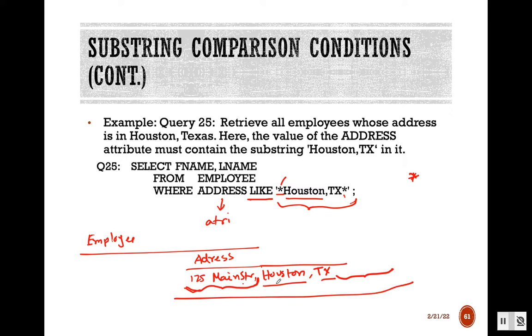In that string I have to have Houston, Texas, and before and after that I can have any number of characters. So it's like a pattern. If we find an address like this, then for that row this is going to find the employee. Here you can see the condition: we are doing substring matching using the LIKE operator.